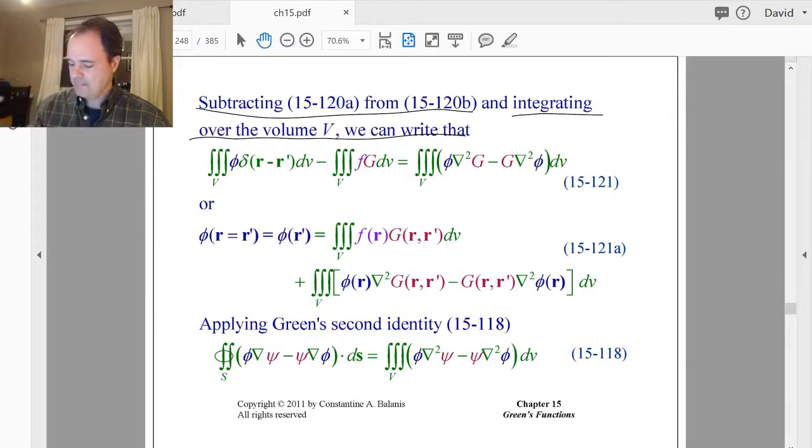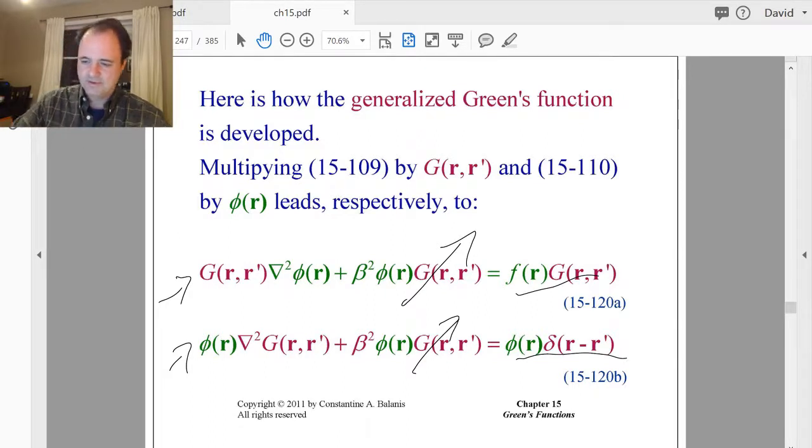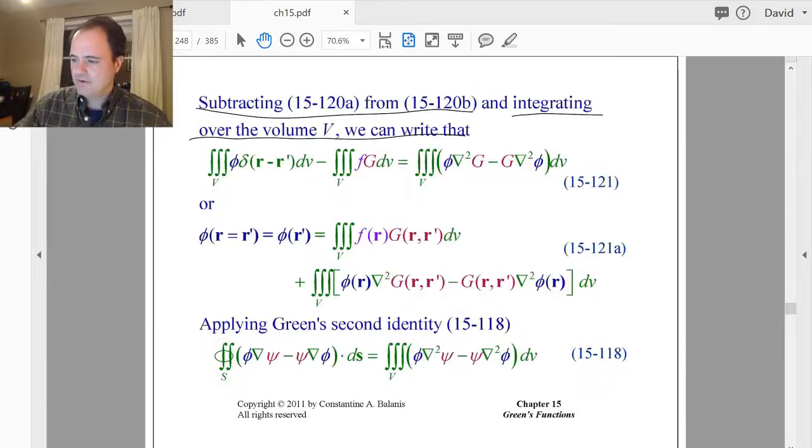So we subtract these two, and integrate. This falls out because we're subtracting, and this obviously doesn't, that doesn't. And so the left-hand side from the previous slide turns into the right-hand side of this slide, and the right-hand side of the previous slide gives you the left-hand side.